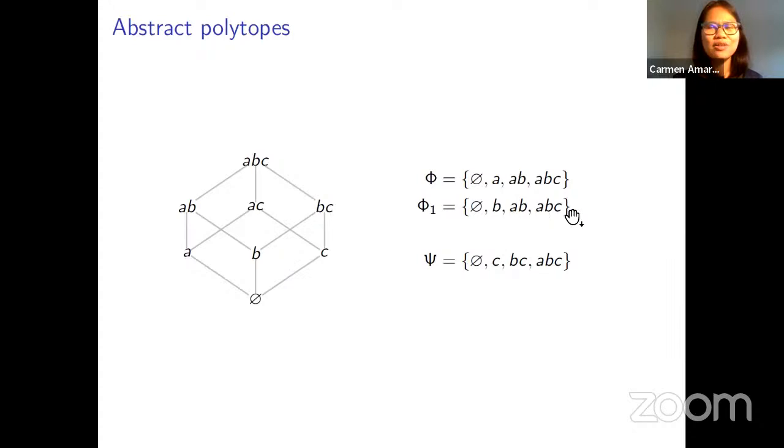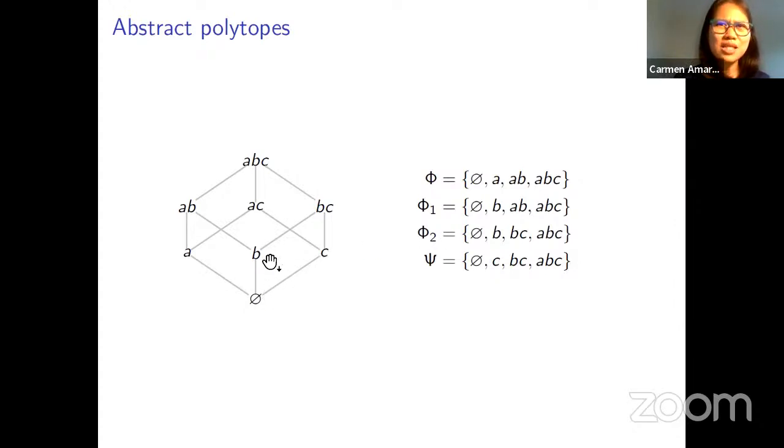So this flag contains the intersection of phi and psi. Okay. Next, it differs from phi in exactly one face. Nag-differ lang siya doon sa vertex. Okay.